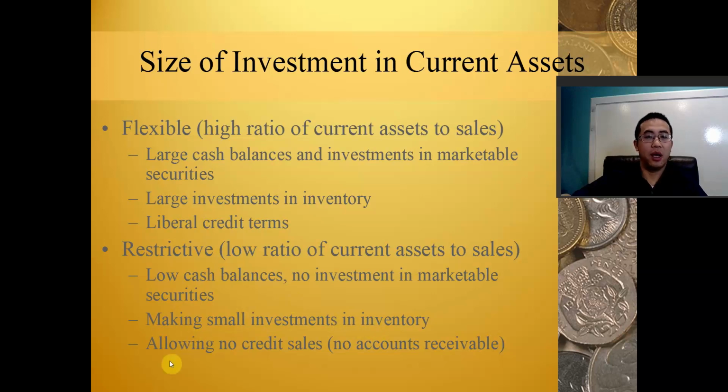And of course, because you have too much debt, you make no credit sales because you cannot afford the waiting period until the cash arrives. Okay, so if you want to make the sale, and if you have a very restrictive policy, you demand to be paid in cash. So there would not be accounts receivable built up in your balance sheet.